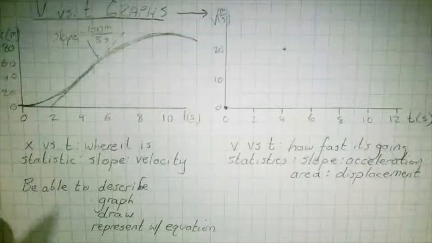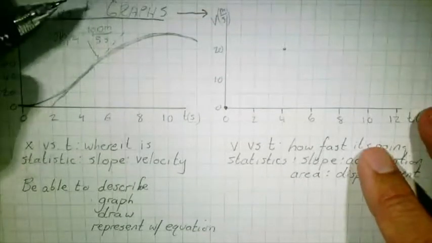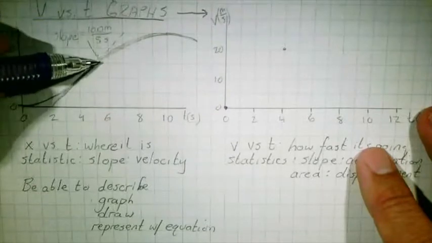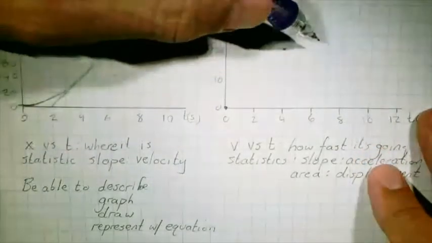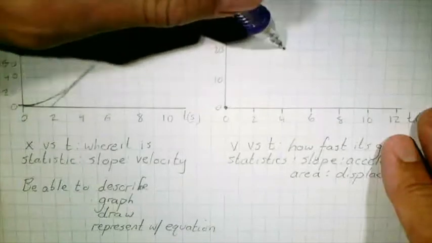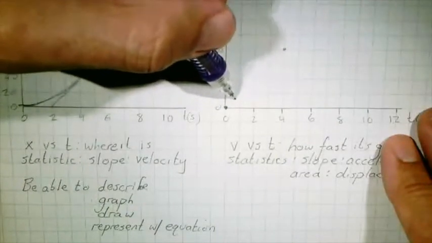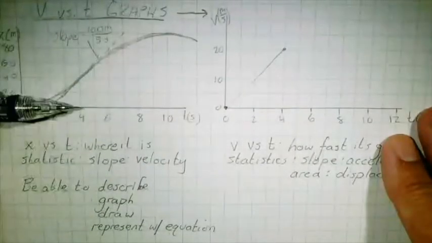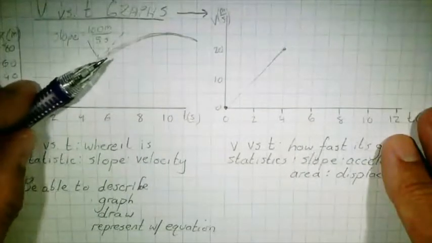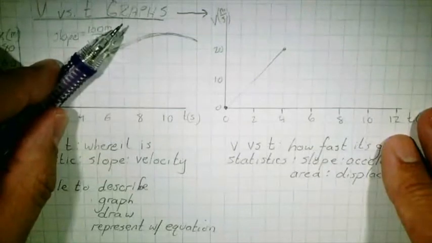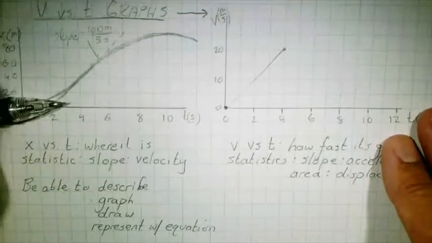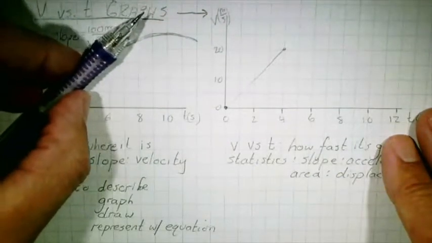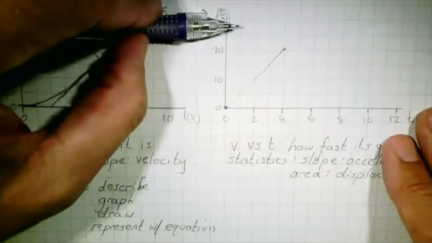And what I want to do with this is assume that this is speeding up at a constant rate. If you're in AP Physics C, that's not always true, but I'll say it's speeding up at a constant rate. Okay, so the slope continually gets bigger up to 4 seconds. But then something happens. There's a point in here where it stops getting steeper and steeper and starts getting shallower and shallower.